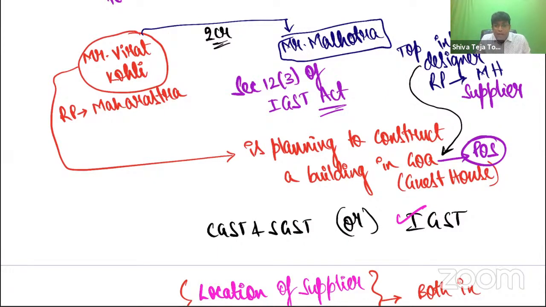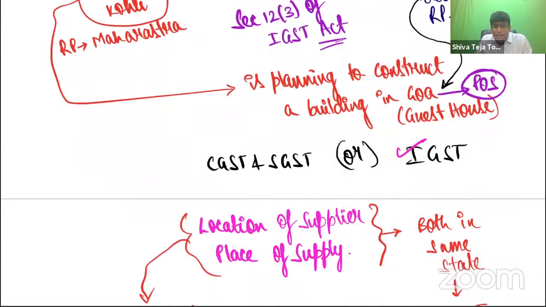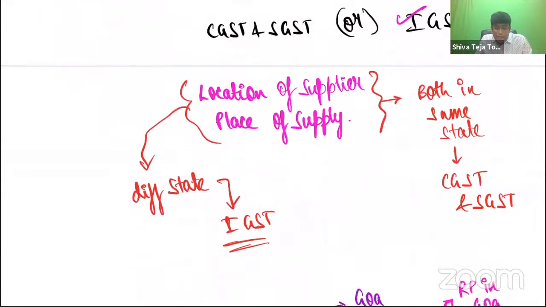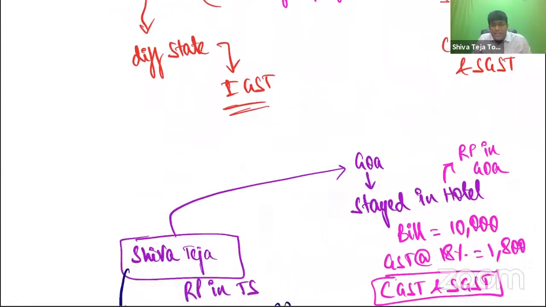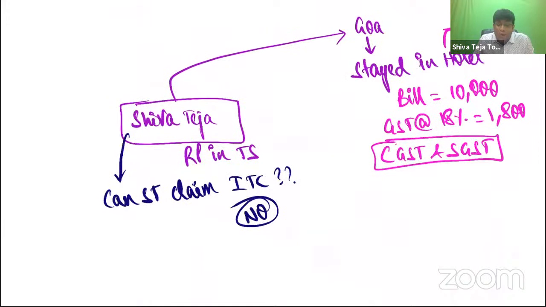Next. One friend is asking, sir, IGST bill is not given, sir. My dear friend, in case of this hotel in Goa, they will not give IGST bill. I cannot even ask that Goa hotel, please give IGST bill, because it is the responsibility of the supplier to determine place of supply. And from the point of view of hotel in Goa, place of supply, I already told you that for immovable property is the place where property is located.